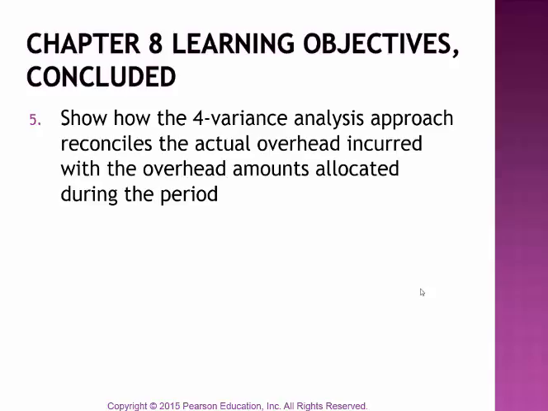Think back to the concepts that you learned in Principles 2 and also your cost accounting class, how those manufacturing overhead related costs are incurred, and then based on some predetermined allocation rate, those things are allocated into the work in process costs of the items being produced.